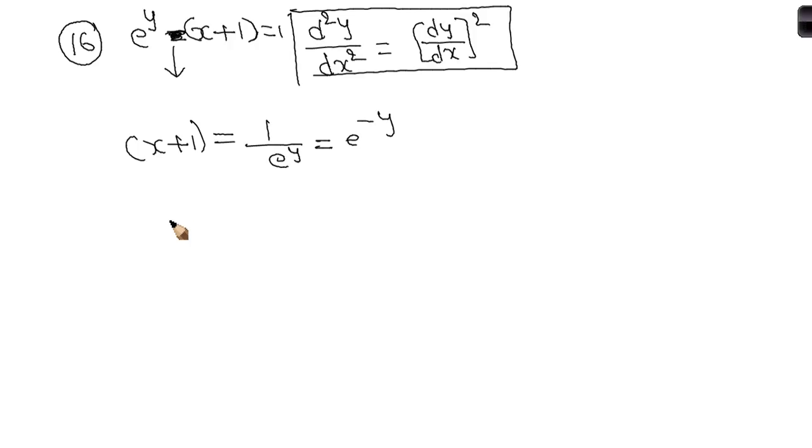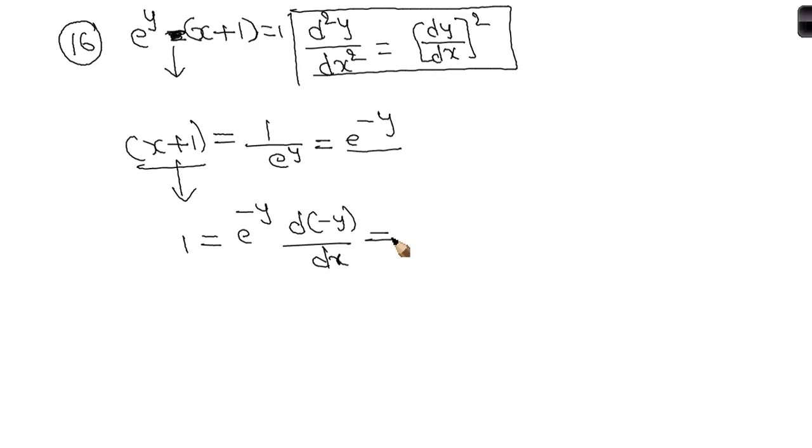Now differentiating both sides with respect to x, the derivative of this would be 1 equal to e power minus y into the derivative of minus y with respect to x. So it implies 1 is equal to e power minus y into minus 1 into dy by dx.